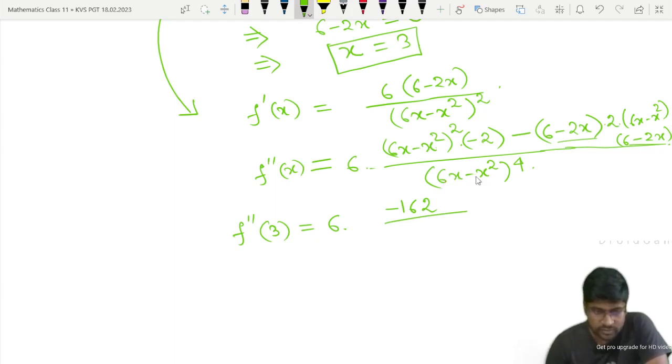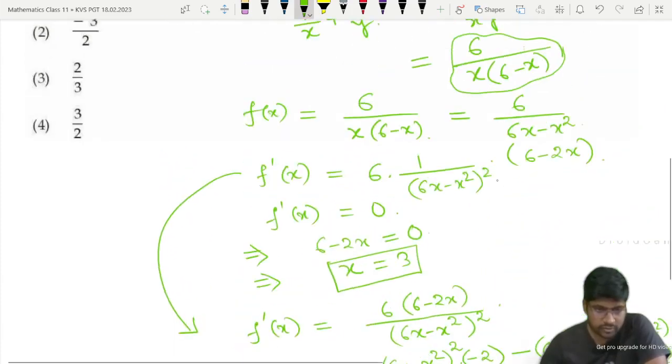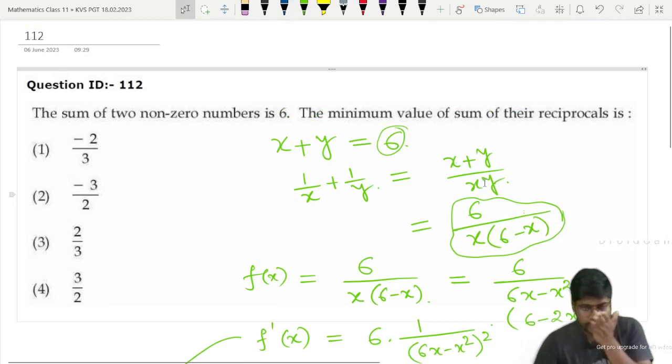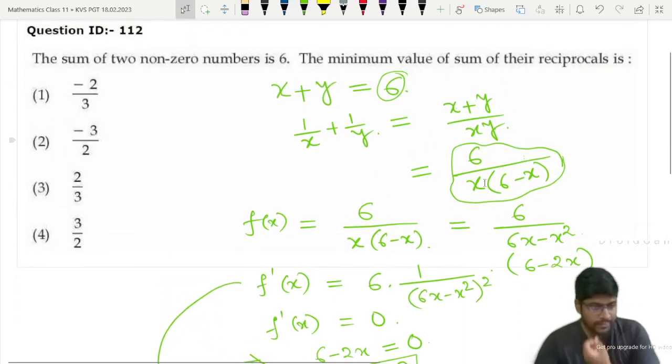so 6x minus x square, again 6x means 6 into 3 is 18, 18 minus 9 means 9, 9 to the power 4. Actually we are getting negative, but we should have got positive because we have to find the minimum value. For minimum value we should have got it positive.